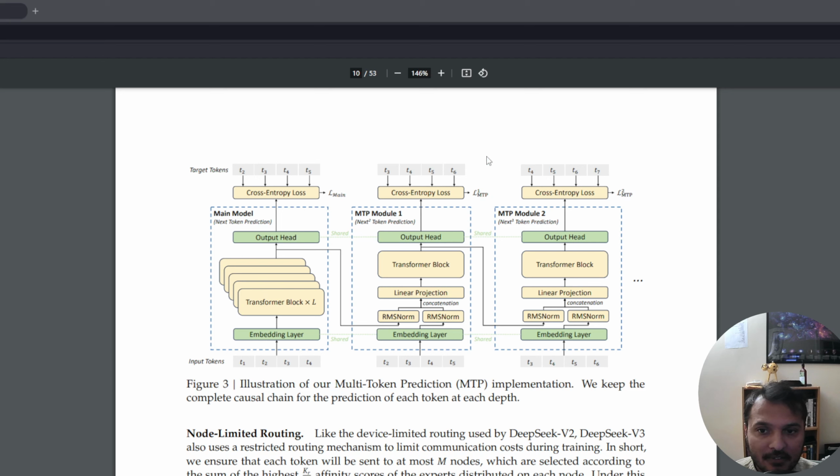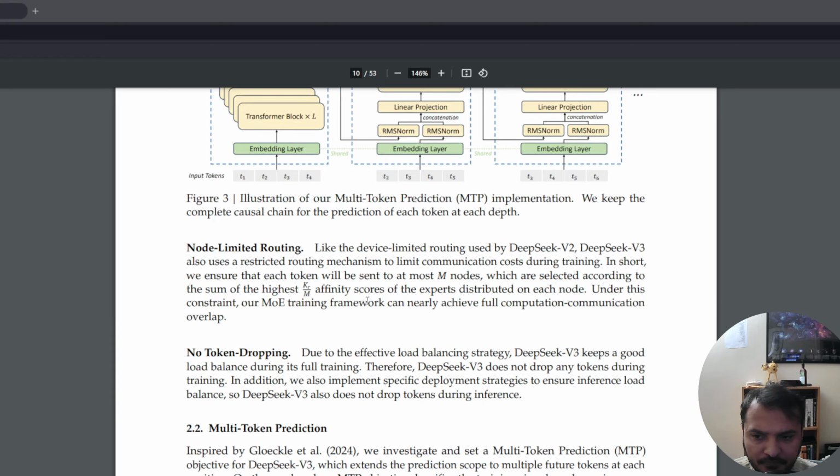These are additional structures on the transformer which are there during training time, but during test time they're removed because you only care about the next token. So during training they do multi-token prediction, during test they only do the next token. There was this paper Eagle by, I guess, Microsoft or Meta that did this. So you can read that paper, but this is another thing that they do.